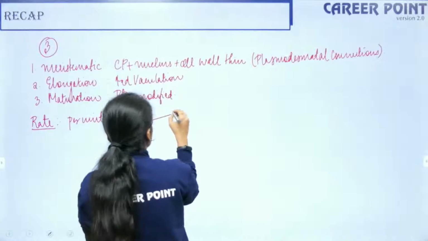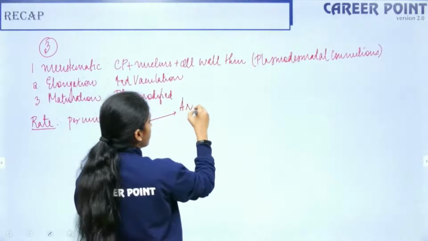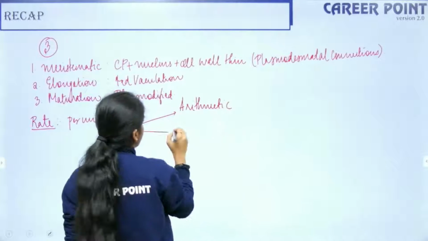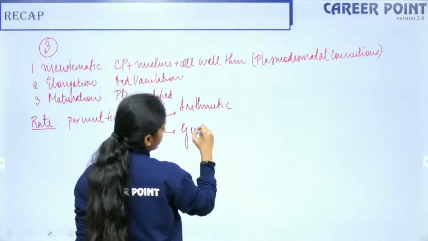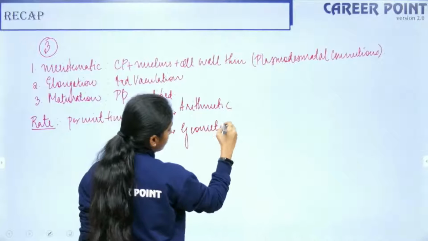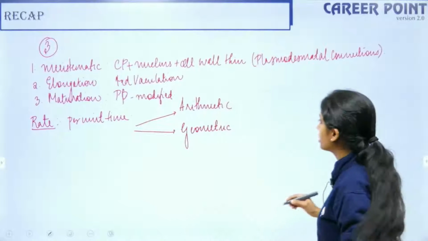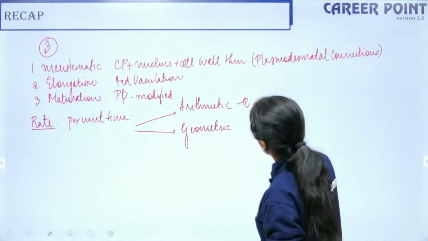Okay, so we spoke about two things. One is arithmetic and the other one is geometric growth rate. So how about arithmetic? What is the example of arithmetic? Root elongation, right?